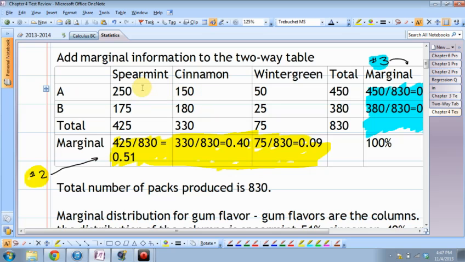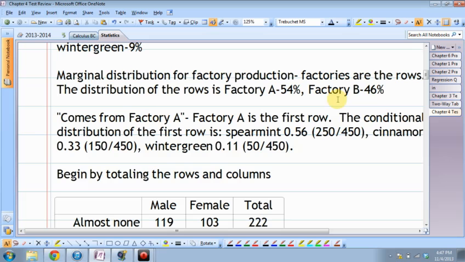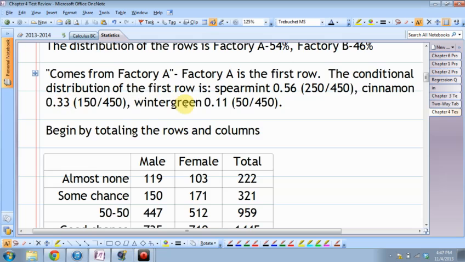So we want to divide gum flavor by the total for factory A. That's 250 out of 450, 150 out of 450, and 50 out of 450. So that's this right here. Spearmint is 56%, cinnamon is 33%, wintergreen is 11%. Okay? Comes from factory A means divide by the total for factory A.